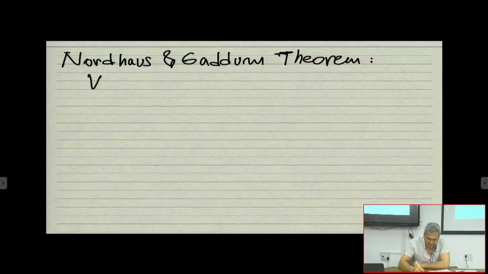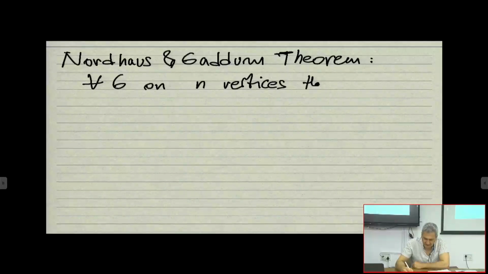For every graph on n vertices, the following holds.